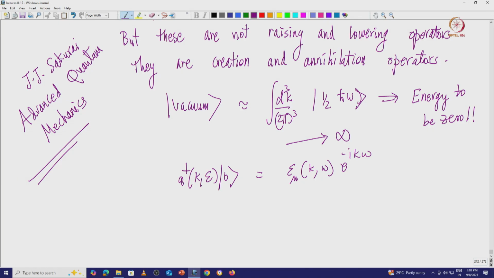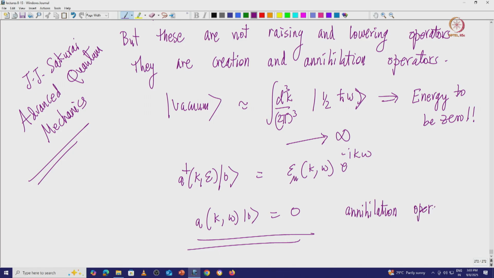Now what does A do? A annihilates the vacuum essentially. A is an annihilation operator. It does not create a particle, it annihilates the vacuum.